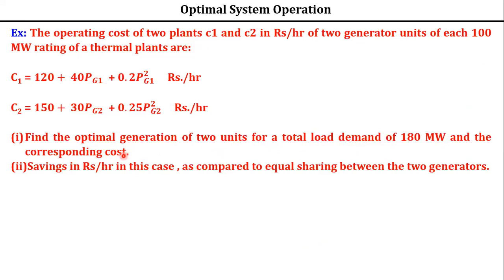In addition to that, we have found the total production cost also, total CT. Fine. Now the second question: what is the savings in rupees per hour in this case, as compared to equal sharing between the two generators? That means when both plant generators, plant P1 and plant P2, share equal load, there is a total load demand of 180 megawatt.